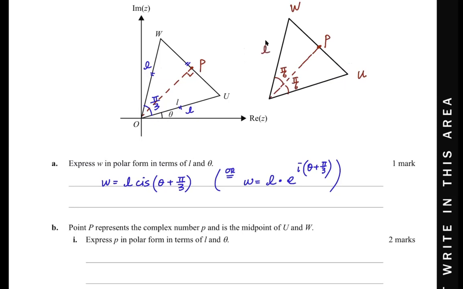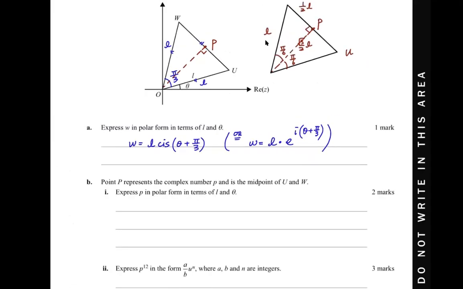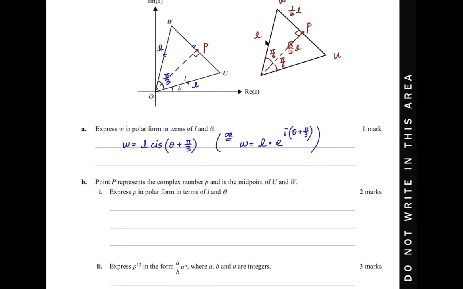This is L. The adjacent must be root 3 on 2 times L. The opposite must be half L, okay? You are using the special ratio for a 30-degree right-angle triangle. So the length of P relative to O is here, which is root 3 on 2 times L, and the angle is theta plus the 30 degrees here, which is pi on 6.